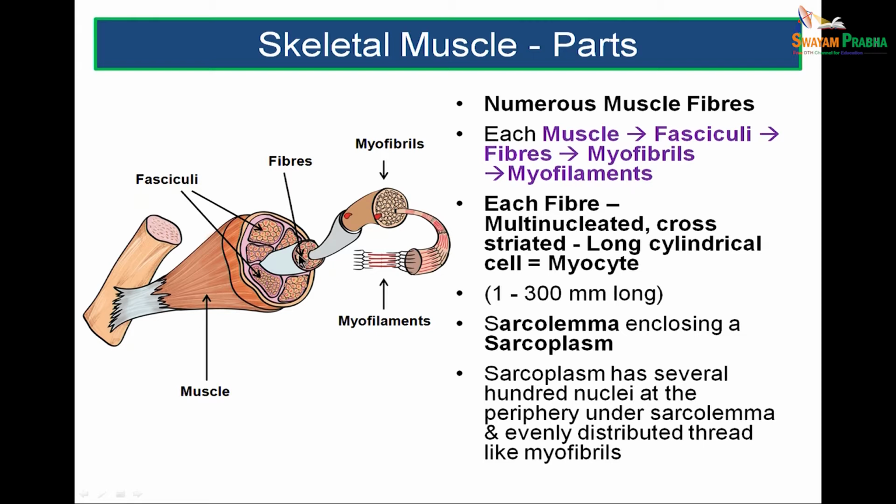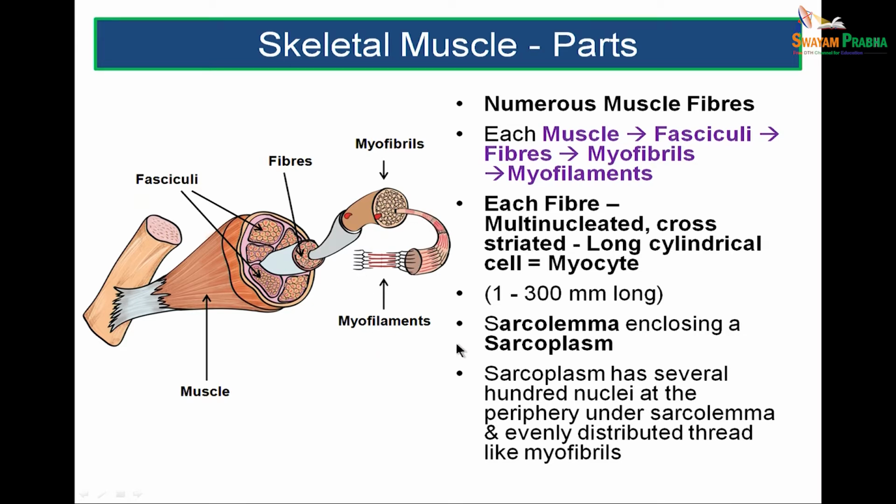A muscle fiber is also called a myocyte or a muscle cell. Each muscle cell is made up of many myofibrils, and one myofibril is made up of many myofilaments. So here we have broken down muscle into a full muscle, fasciculi, a fiber, myofibrils and myofilaments.